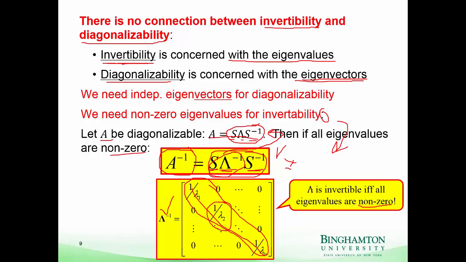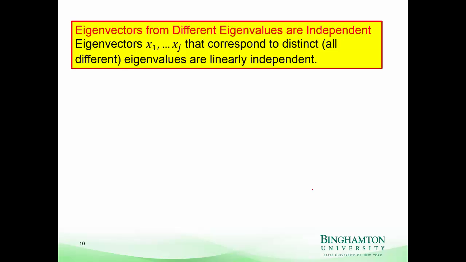Diagonalizability is all about the eigenvectors. I can have repeated eigenvalues, I can have 0 eigenvalues, but the important thing is I've got to have enough linearly independent eigenvectors to do the diagonalizability. So here's a result. Eigenvectors from different or distinct eigenvalues, not repeated ones, but distinct ones, are independent eigenvectors.